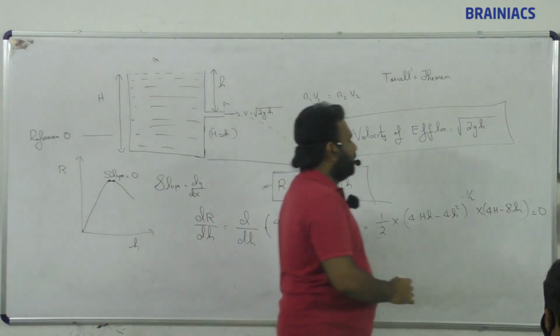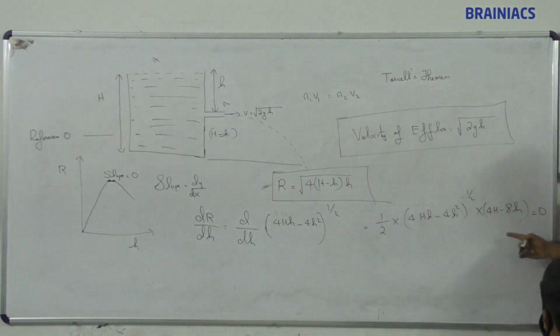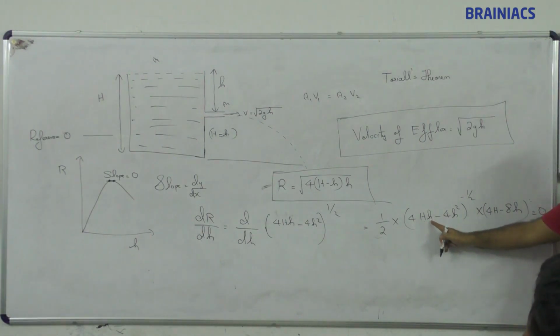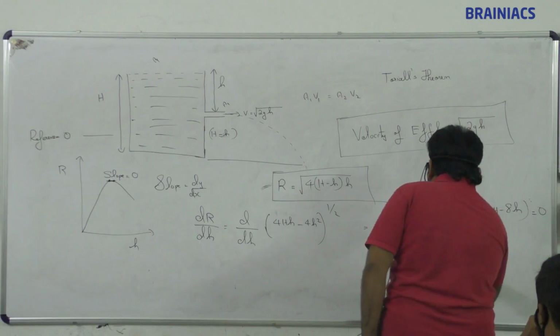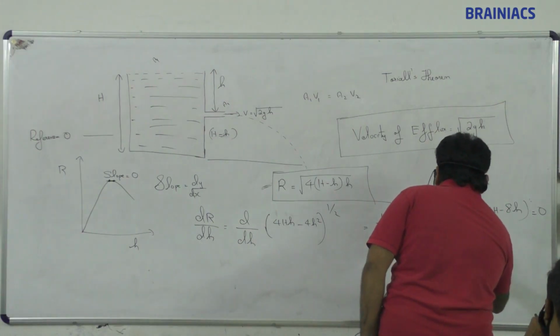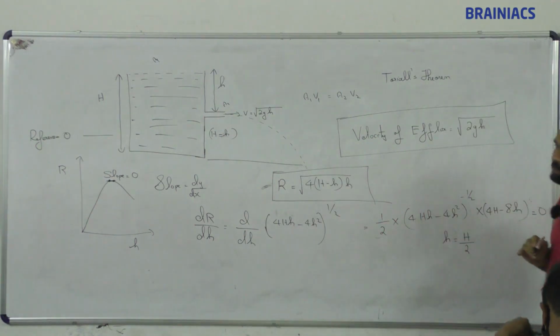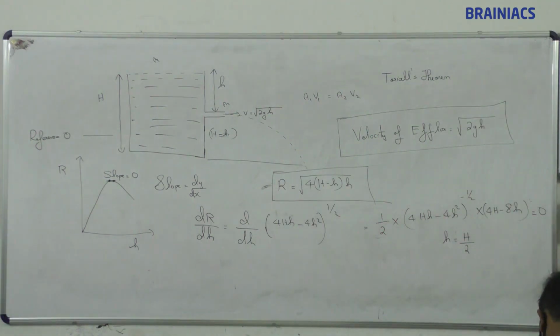If we do like this, what value will we get for this small h based on this H? Can you see? We will get small h is equal to H by 2. Clear?